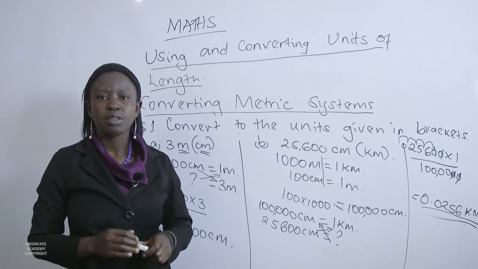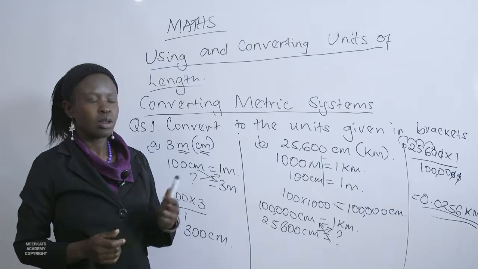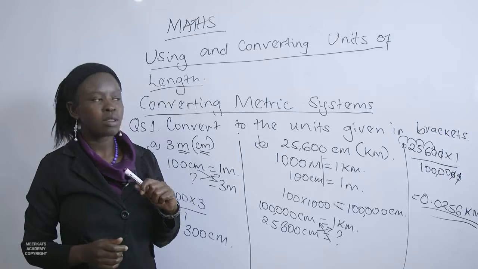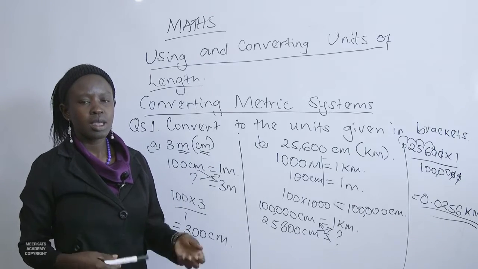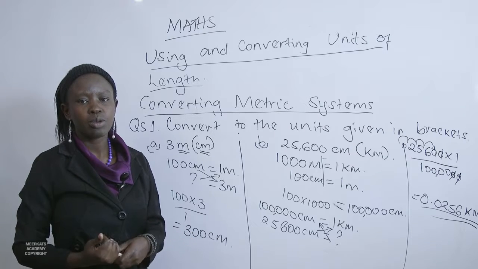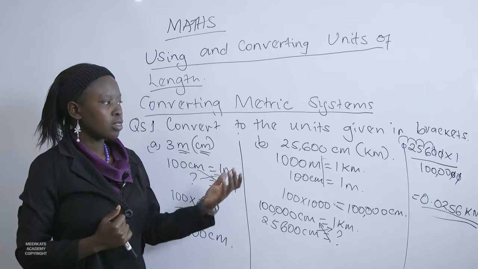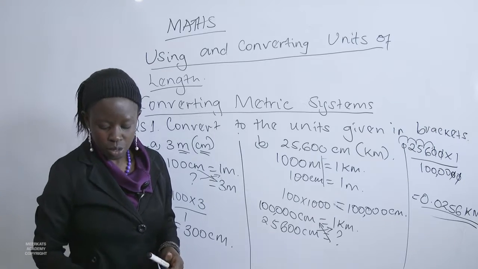So that was the first question. I hope by now you can be in a position to convert from meters to centimeters, and at the same time from centimeters to kilometers and any other unit of conversion. As long as you know the connection between the units of conversion, then the rest of the conversion will be easier. Another question?